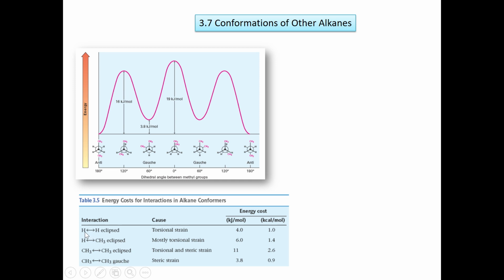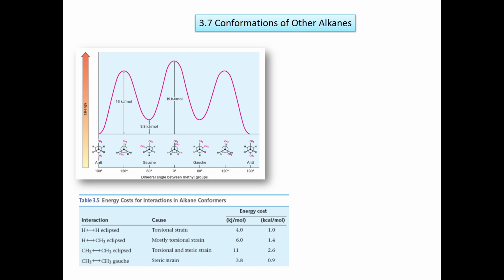When we have an HH eclipsed, it's called a torsional strain, and the strain is around 4 kilojoules. If we have a hydrogen and a metal eclipsed, it's around 6 kilojoules. If we have two metals eclipsed, it's around 11 kilojoules. And a gauche CH3 interaction is around 3.8 kilojoules. We sum all the positions, and we can know more or less the energy of each conformer.